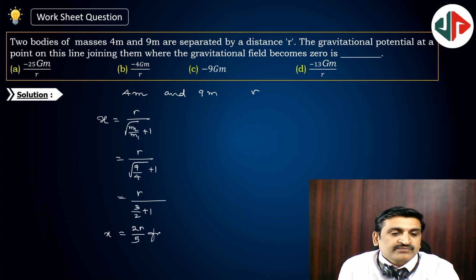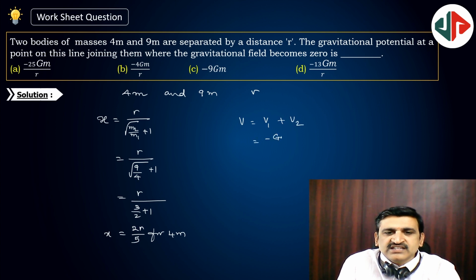So from the first mass, 4m mass. Now potential V is equal to V1 plus V2. V is equal to minus Gm1 by x1 minus Gm2 by x2. x2 is nothing but r minus x1. So minus G can be taken common. This will be m1 by x1 plus m2 by r minus x1.